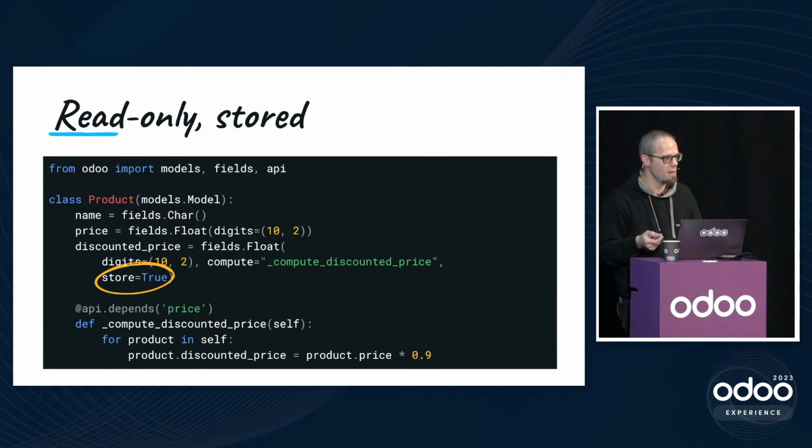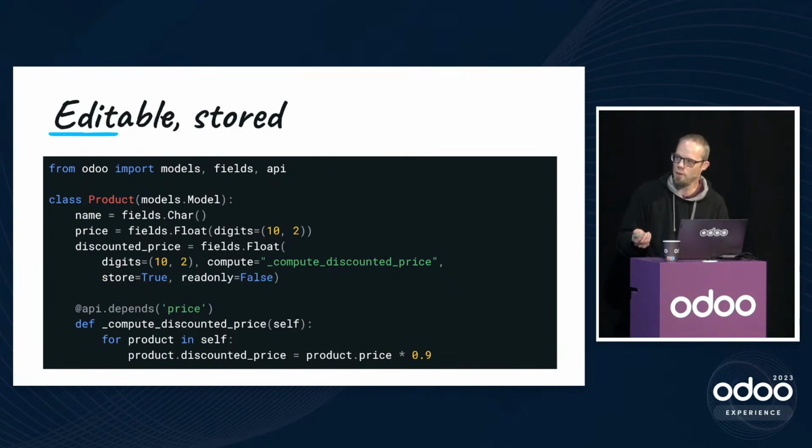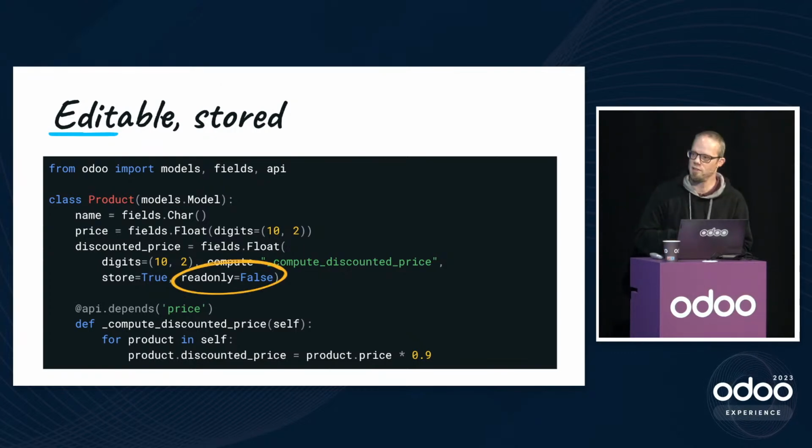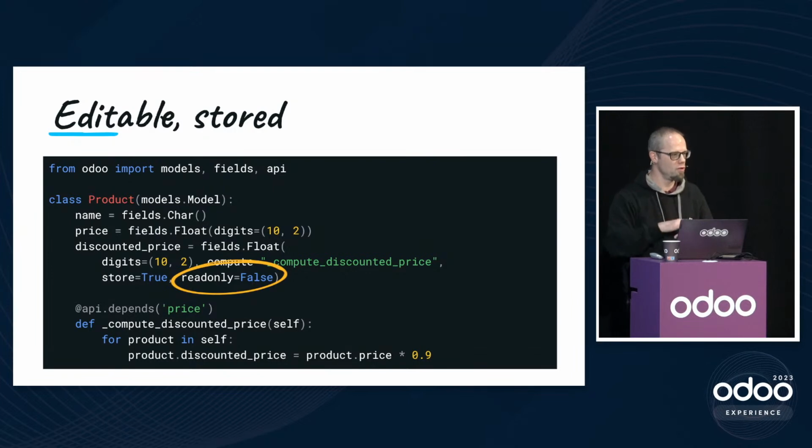And I'll show you an extra bit. So here, hop. It's not only stored in the database, but now it's even no longer read-only. So a non-read-only, an editable computed field, actually we have two forms of them.